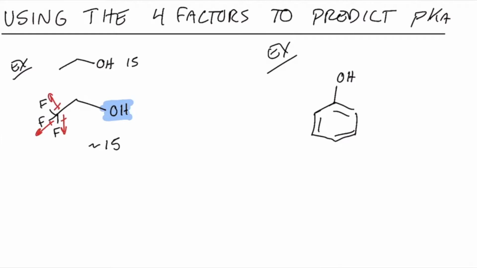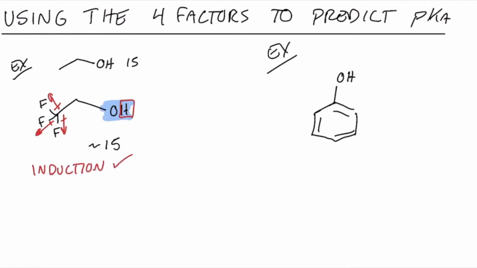So when we remove this acidic hydrogen, it will be more stabilized by withdrawing through induction the electron density away from the oxygen and toward those fluorines. So that is a stabilizing factor of induction.